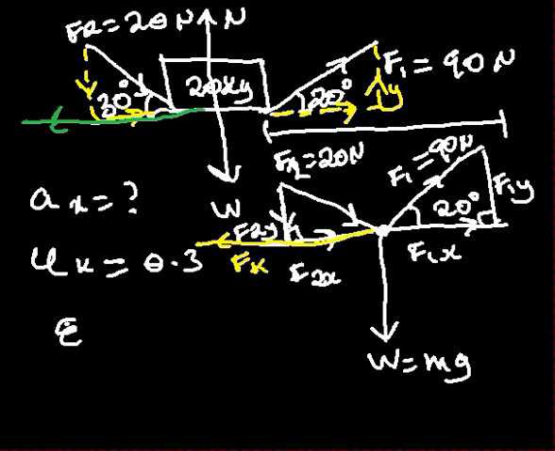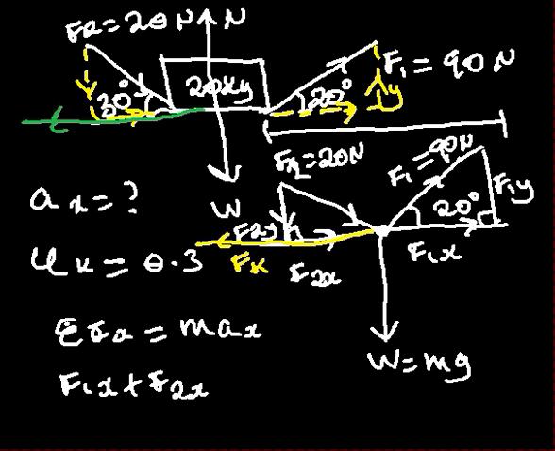Therefore, the summation of the forces along x is responsible for the acceleration. We have F1x, which is pointing towards the direction of motion, so it will be positive. Plus, we have F2x also pointing in the same direction. And minus Fk, since it is opposing the motion, is equal to mass times acceleration.